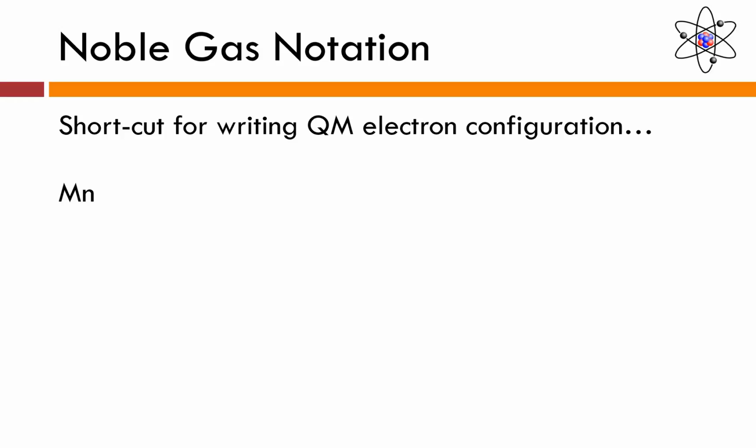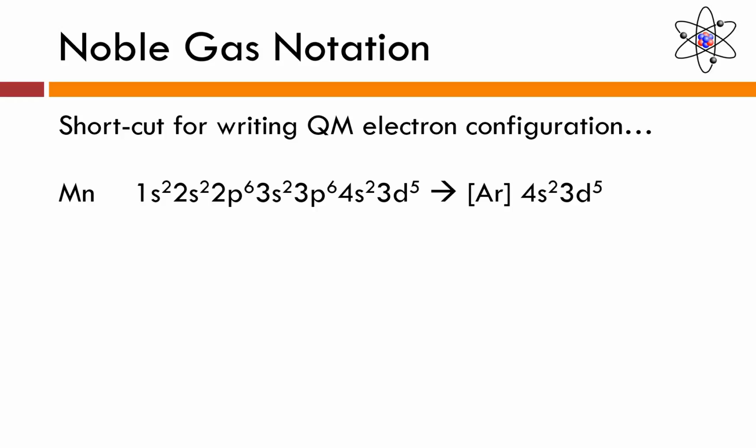So let's look at something like manganese. If you find that on the periodic table, manganese is element 25, and its electron configuration would look something like this. We can shorten that dramatically. What you do is you go back to the nearest noble gas. The nearest noble gas is going to be the last P sublevel that's completely filled.